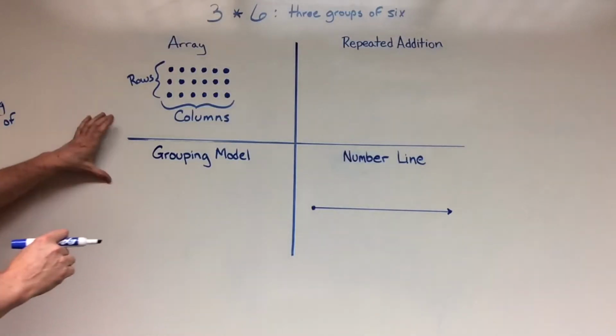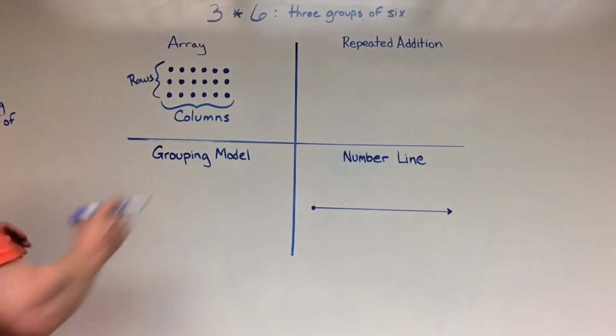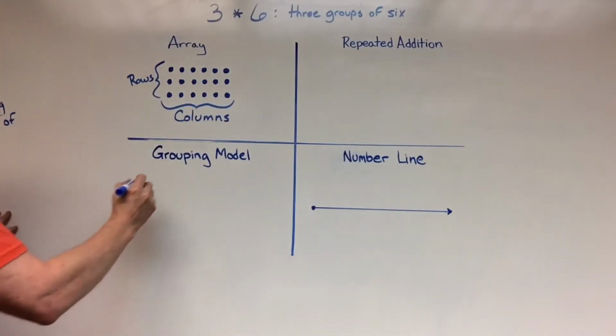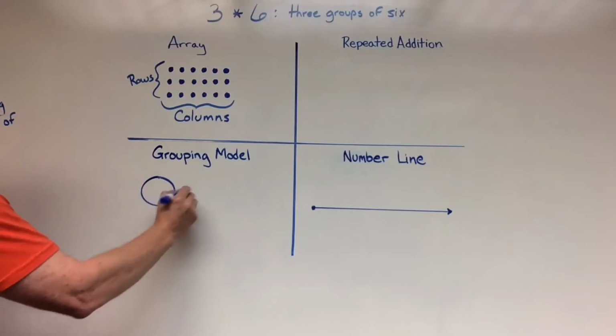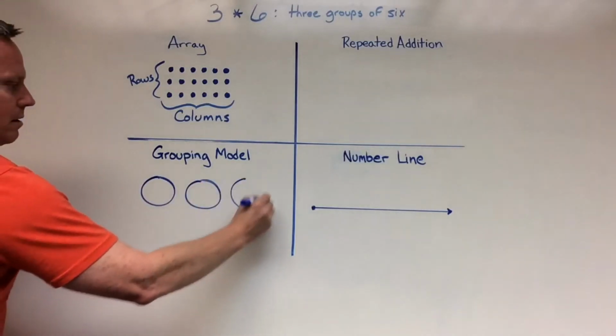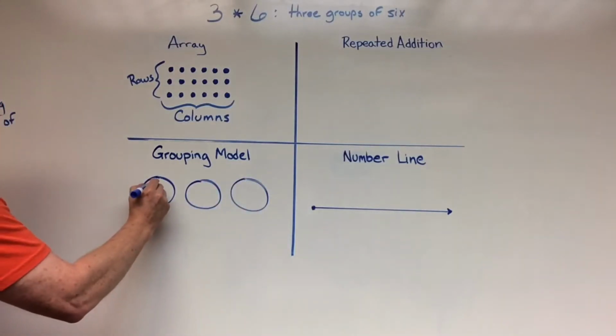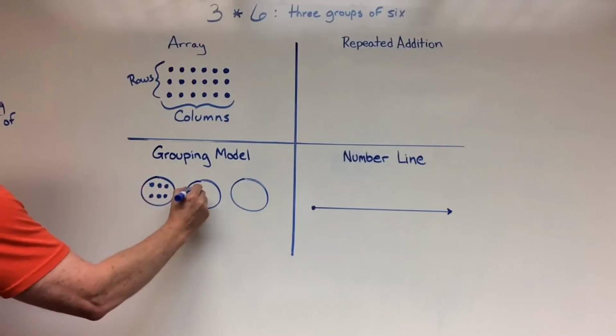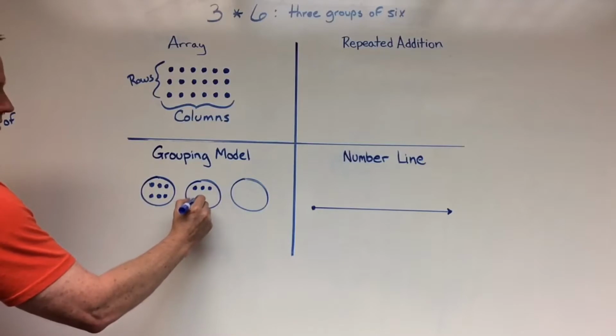Okay, on to the grouping model. Again, I know that 3 times 6 interprets to 3 groups of 6, so that means I'm going to have 3 groups of 6 in each of my groups.